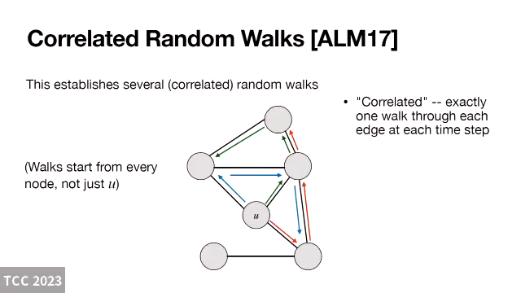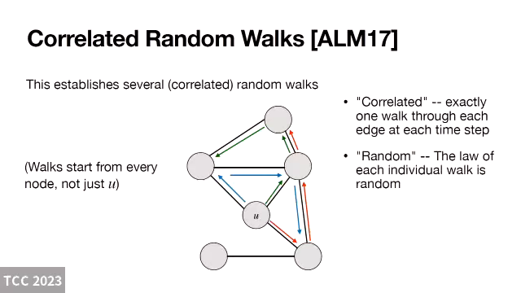Okay, and I'll tell you later why this is important. What I mean by random is that if you look at each individual walk, they are actually a random walk. And this is important because later for correctness, we'll use the properties of random walks to show that if each walk is long enough, then every node in the graph will be reached.